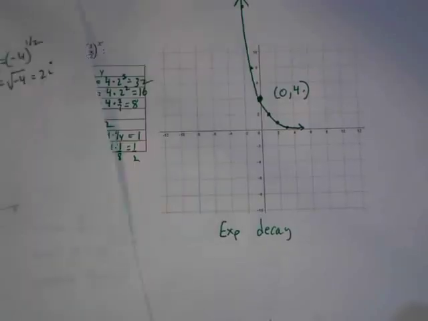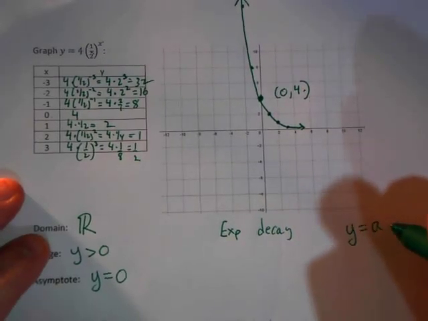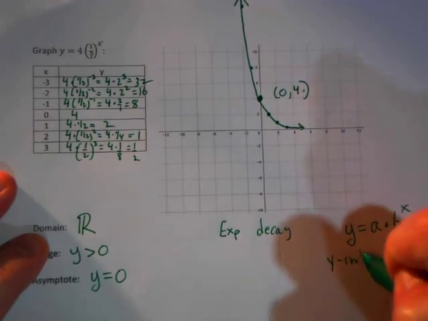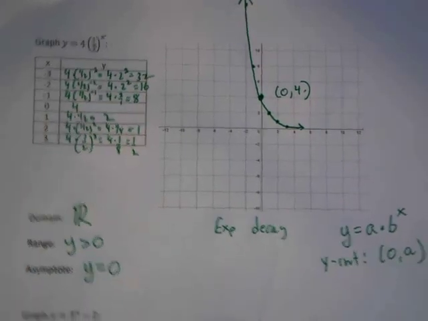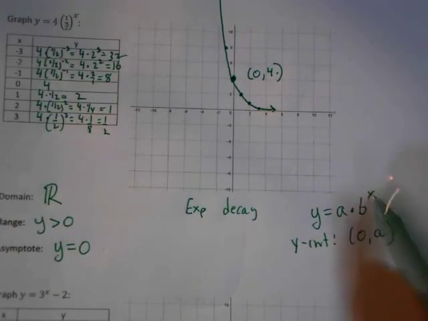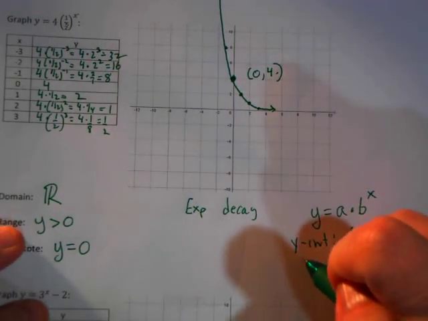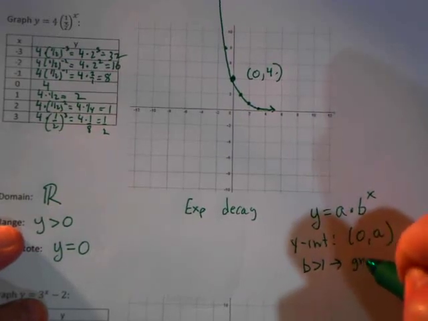So what I'm trying to say is, if you have y equals a times b to the x, your y-intercept is always going to be (0, a). Because when you plug in 0, b to the 0 is always going to be the number 1. And then if b is greater than 1, you get growth.